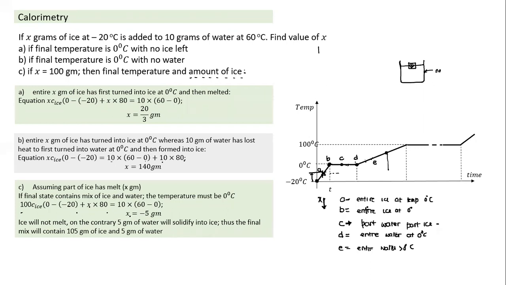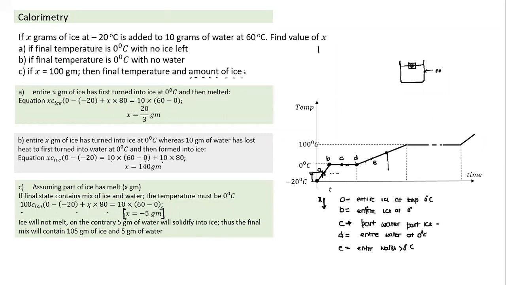But when I solve this equation, I get x equal to minus 5. What does x equal to minus 5 mean here? We assumed something, and from this equation you simplify and get x is equal to minus 5. What does this minus 5 mean? Minus 5 means the ice will not melt. On the contrary, 5 grams of water will solidify into ice.